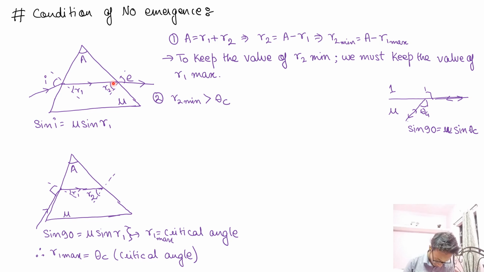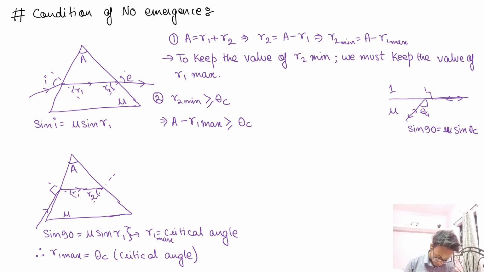Because at this junction, the minimum value of R2 should be greater than the critical angle so that the ray can pass through. Okay, and now what is the value of R2 min? The value of R2 min is nothing but A minus R1 max, so A minus R1 max is greater than or equal to theta c.